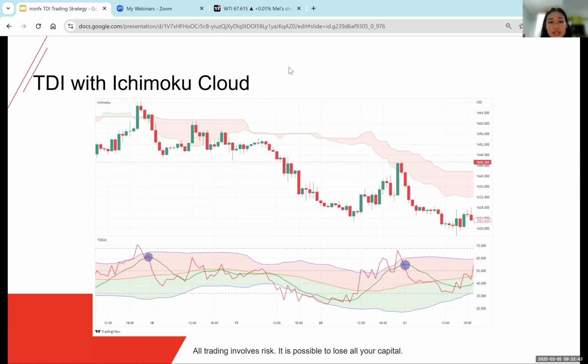Also, position trading, which would be your weekly time frame. Monthly time frame we normally don't really look at because those take longer for you to actually see results, but that's more for longer term investing. So if your trades are lasting from a couple of months to years, then you can look at monthly as well.